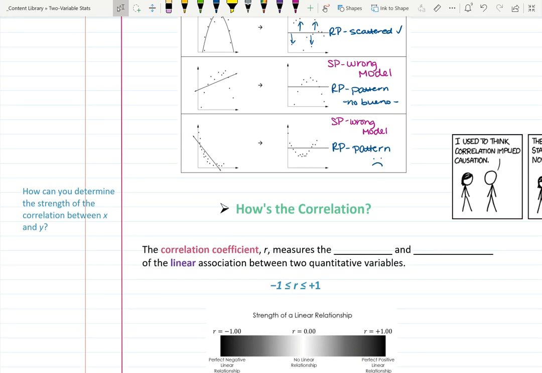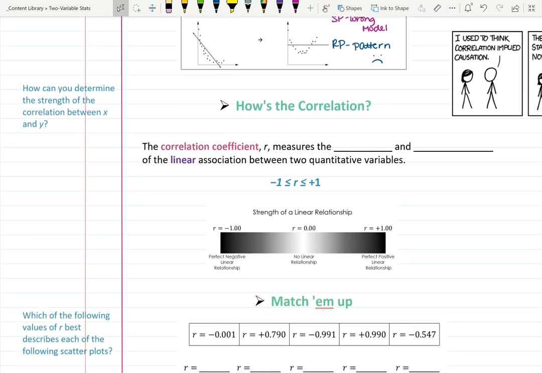Now, another thing with statistics when we're making observations is looking at correlation. The correlation coefficient, which is just r, measures the strength and direction of the linear association between two quantitative variables.